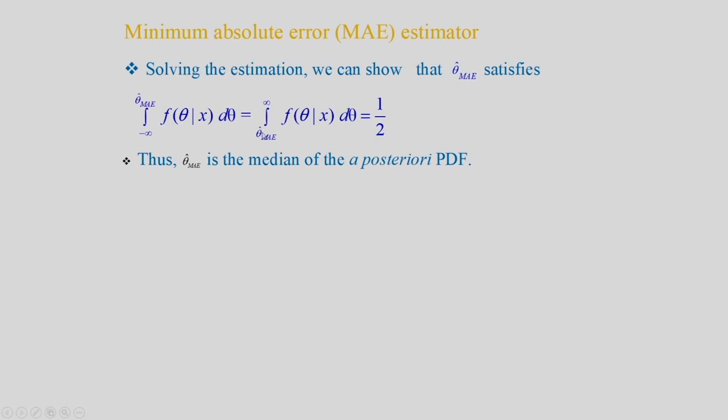Thus, theta hat MAE corresponds to the median of the a posteriori PDF. So, we have to find the median of the a posteriori PDF. This is the a posteriori PDF. Its median value is theta hat MAE.